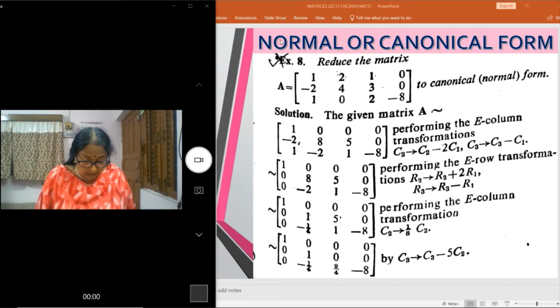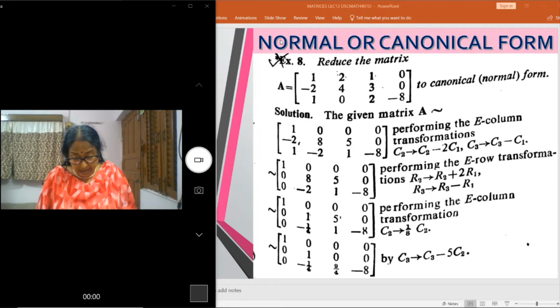So dividing the column by 8, we will get, as you can see on your screen. Then also make the second row's other elements equal to 0, and then the second column elements equal to 0.